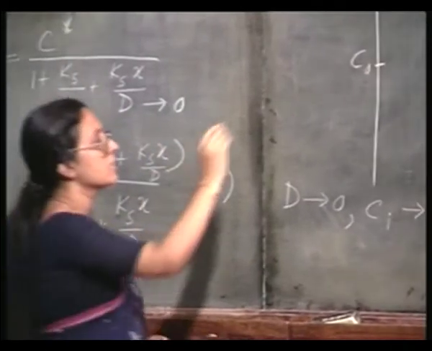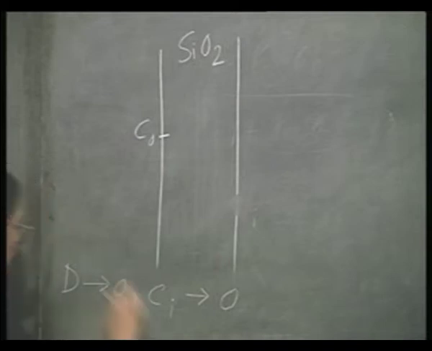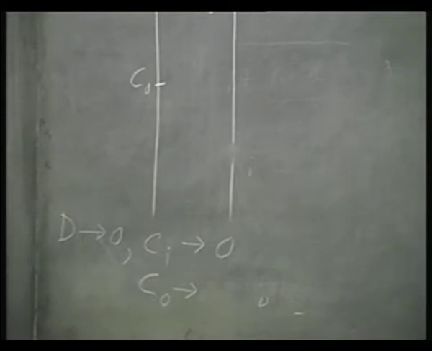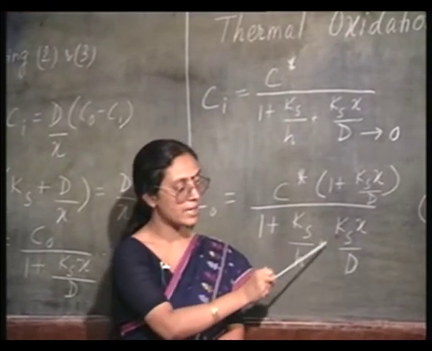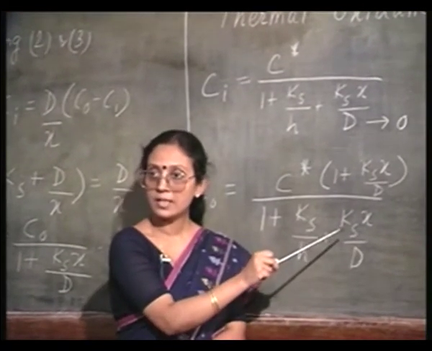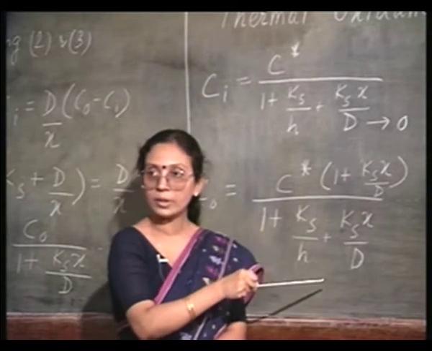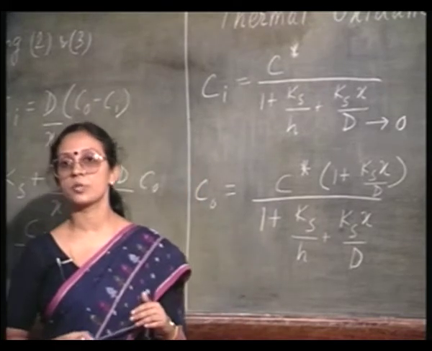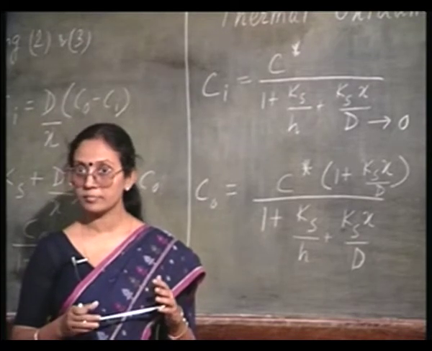In other words, I have a case like this. Okay, let us first see what C naught is going to be, then we will see the case. As D tends to 0, what is going to happen to C naught? You see, as D tends to 0, this Ks x by D dominates the denominator as well as this numerator. So, we can cancel these two, and C naught in the limiting case becomes approximately equal to the equilibrium concentration, that is C star.